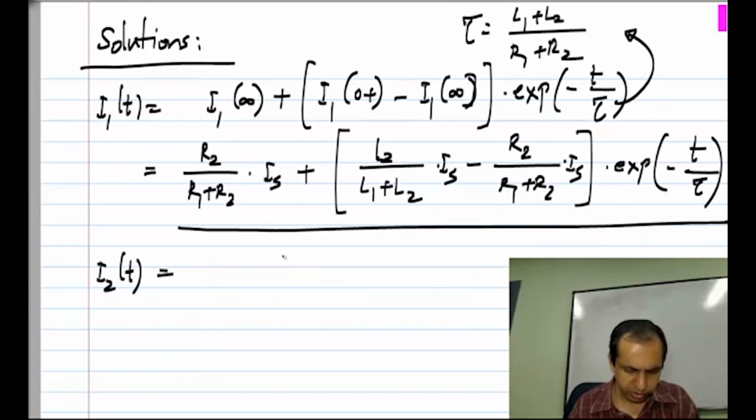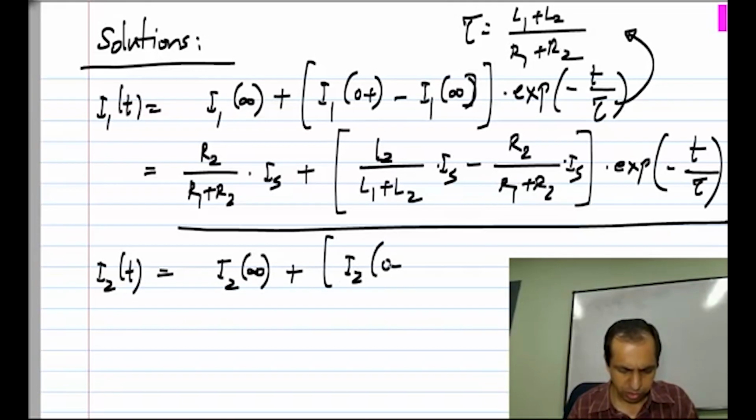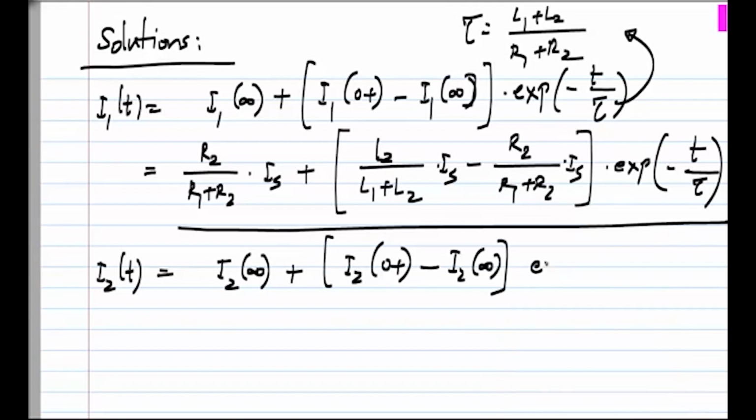and I2 of t is of course the same general form, I2 of infinity plus I2 of 0 plus minus I2 of infinity exponential minus t by tau.